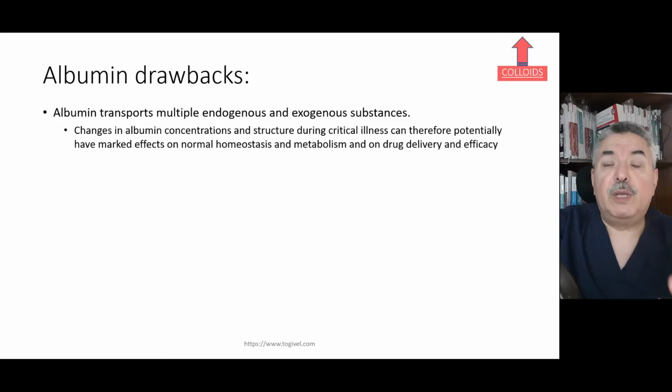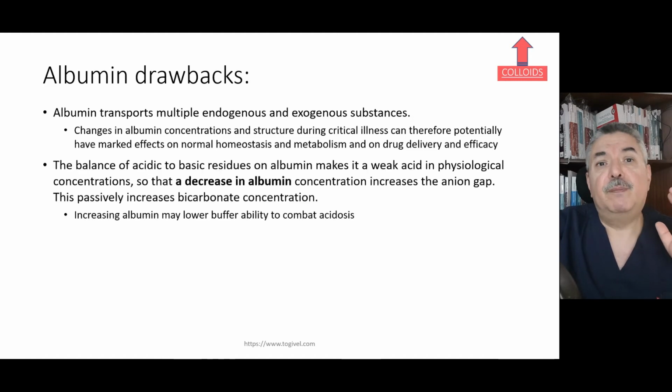That's why albumin may have potentially marked effects on normal homeostasis and metabolism, and on drug delivery and efficacy. The second thing is that albumin is a weak acid. So if you give albumin, you are increasing the acidity. The body actually goes into hypoalbuminemia in order to decrease the acidity and increase the bicarbonate concentration.